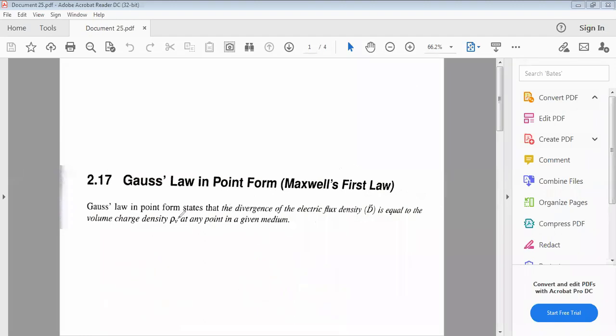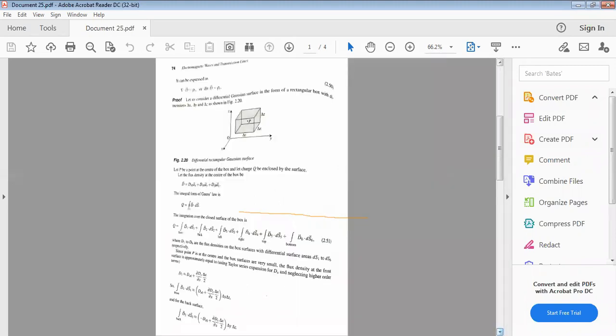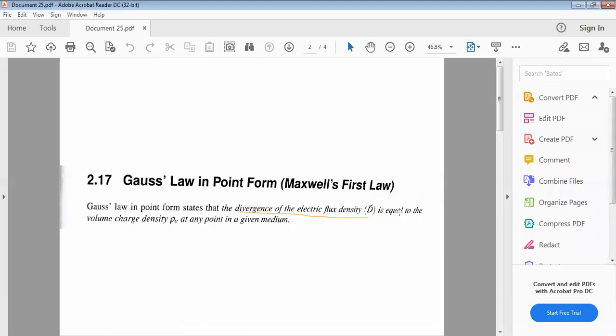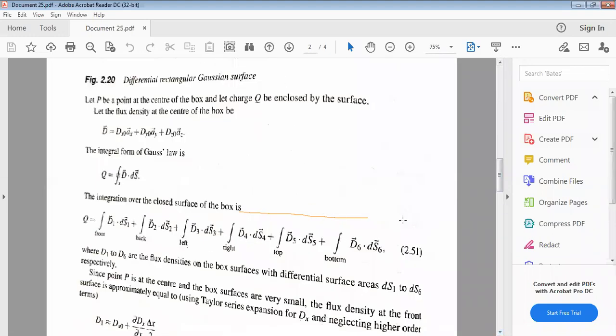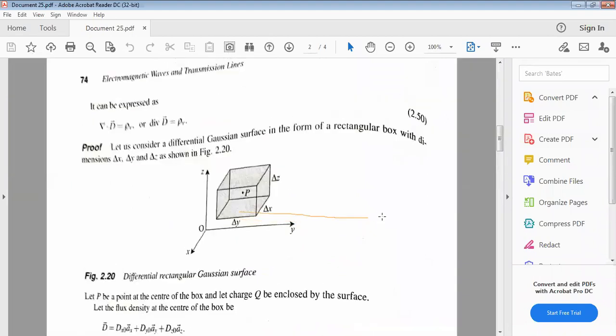Gauss law in point form states that the divergence of the electric flux density is equal to the volume charge density at any point in a given medium. Remember that point. That is the statement of Gauss law in point form, whereas Gauss law in integral form is Q enclosed.